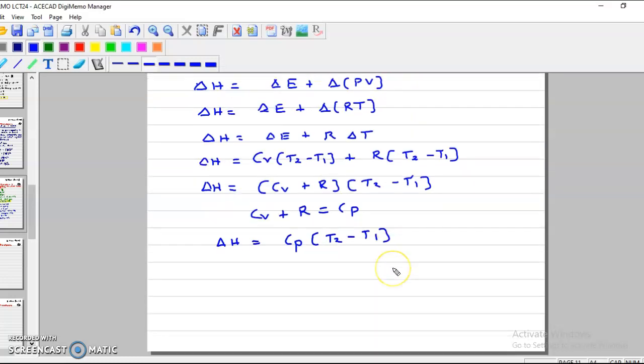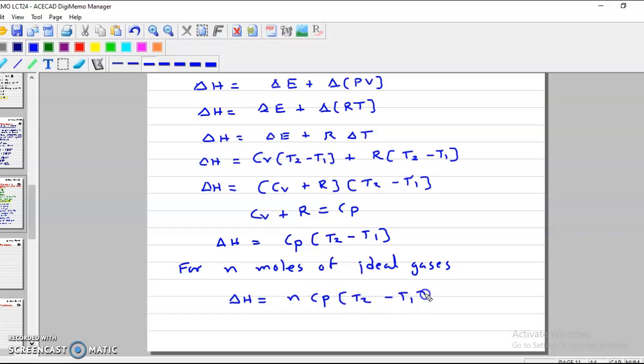Okay, this is for 1 mole, and for n mole of ideal gases, we write delta H is equal to n CP into (T2 minus T1).